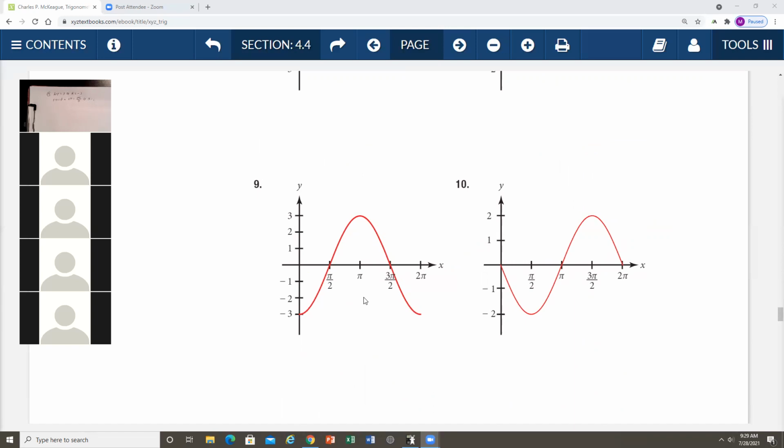Therefore, all that information being the case, we would conclude then that there is no phase shift. And this would imply then that C is equal to 0, and there is no vertical translation. And this would imply then that k is equal to 0. I think we're ready to write the equation of that graph, ladies and gentlemen.